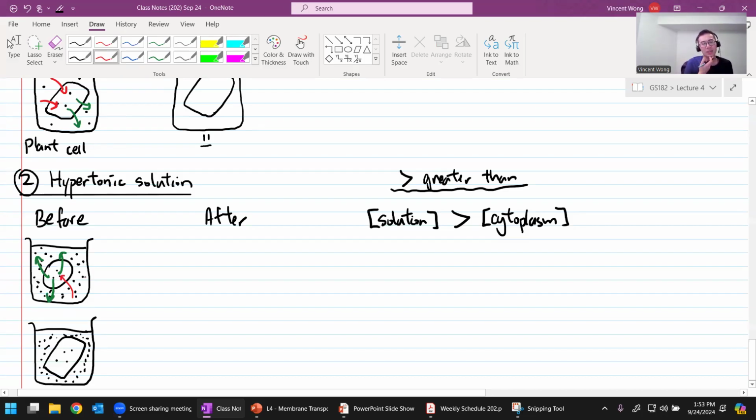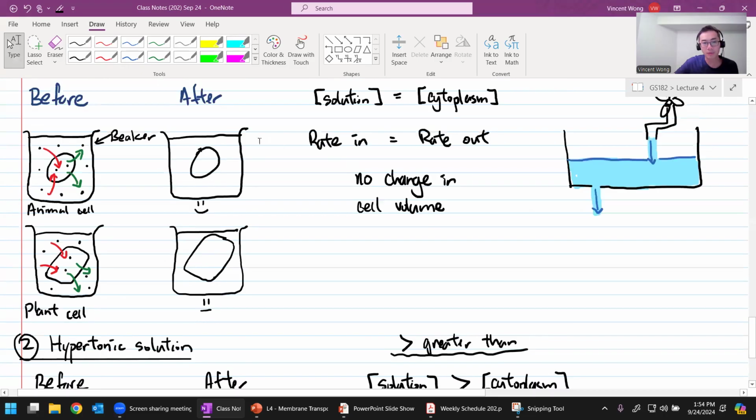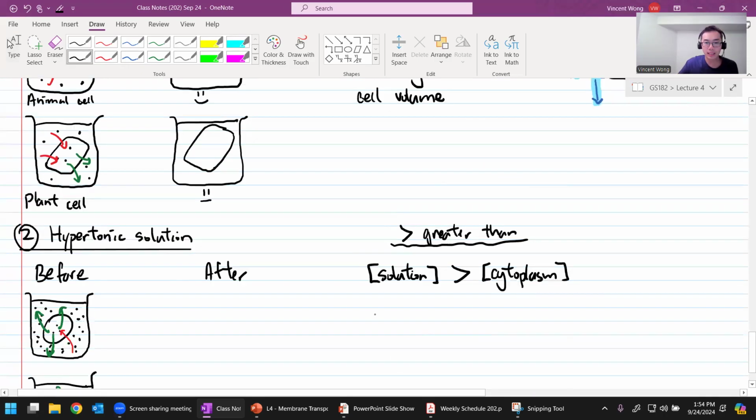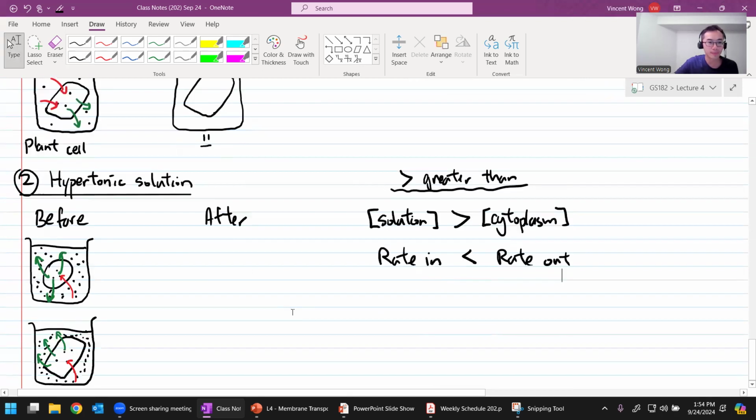Does that make sense? Or do you have a follow-up question about why this is happening? All right. So I'm just gonna keep it the same here. Before, rate in was equal to rate out, and here rate in is actually less than rate out. The black dots are solute.